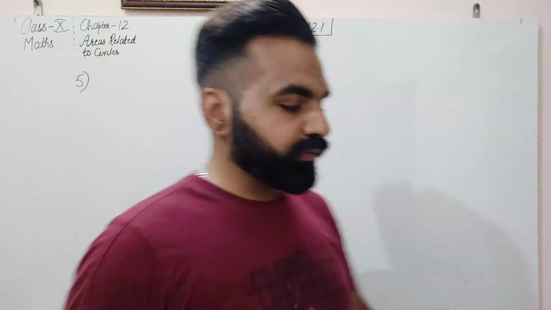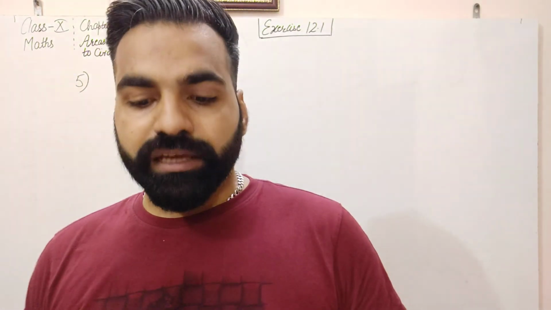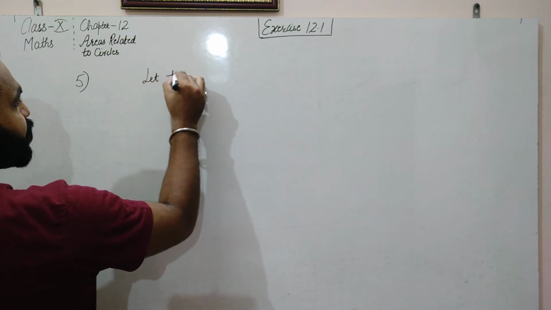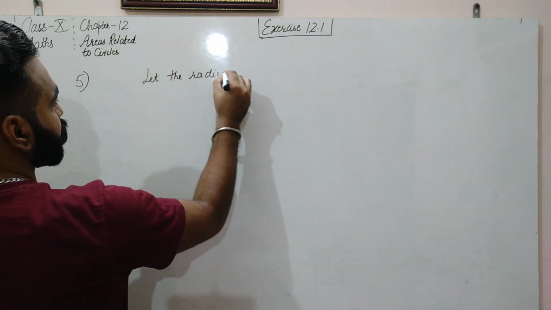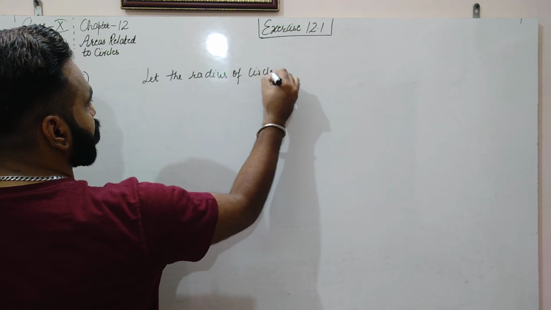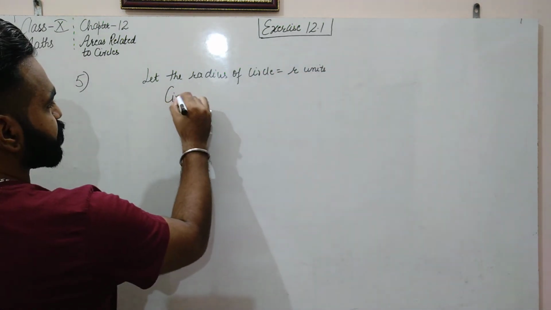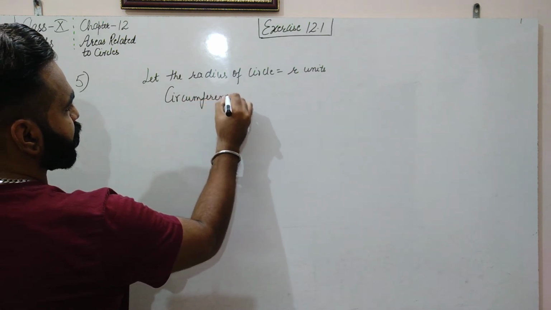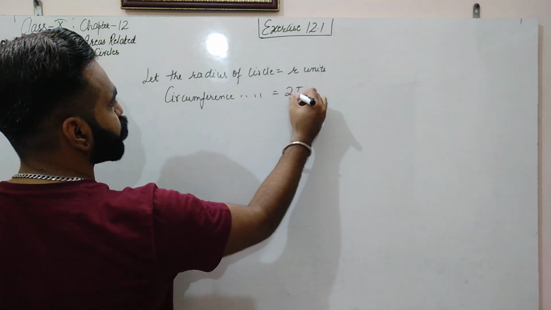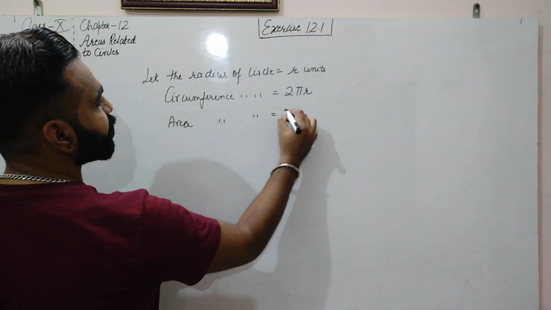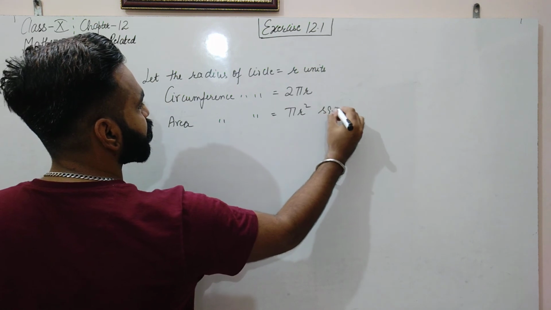Now question number 5. Take the correct answer. This is an MCQ. If the perimeter and the area of a circle are numerically equal, then the radius of the circle is. So there is a circle, we don't know the radius, so let the radius of the circle be r units. So what is the circumference? Circumference of circle is 2 pi r and area of circle will be pi r square units.